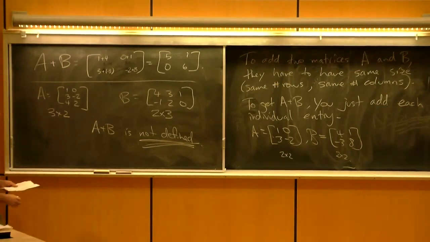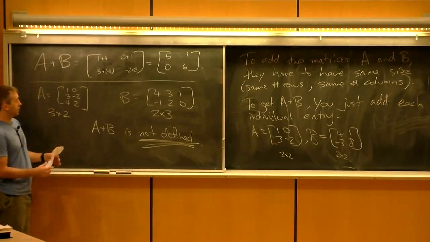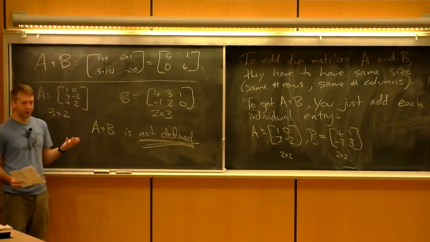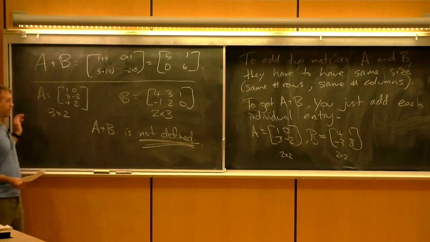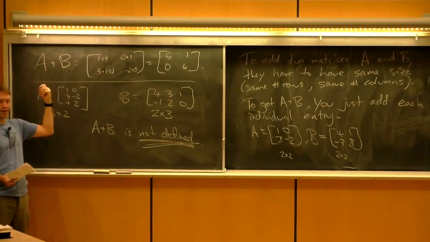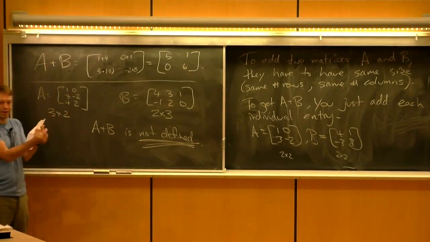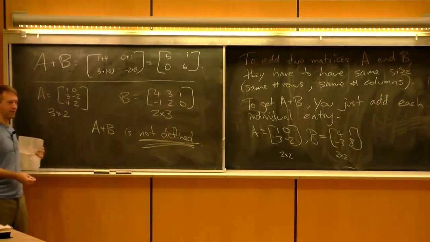Okay, so that's adding matrices, but you can also subtract matrices, and the operation is basically the same. To subtract two matrices, they have to have the same size, and then you just subtract every individual entry.